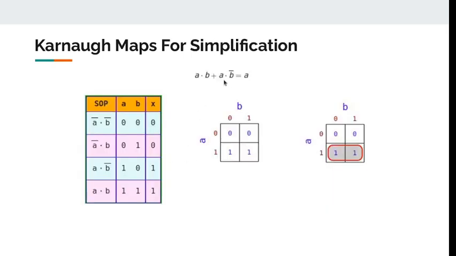So, Karnaugh maps for simplification. I think you can see that this expression, A, B, is defined here. So we have A and B is true, and A and complement of B is true.